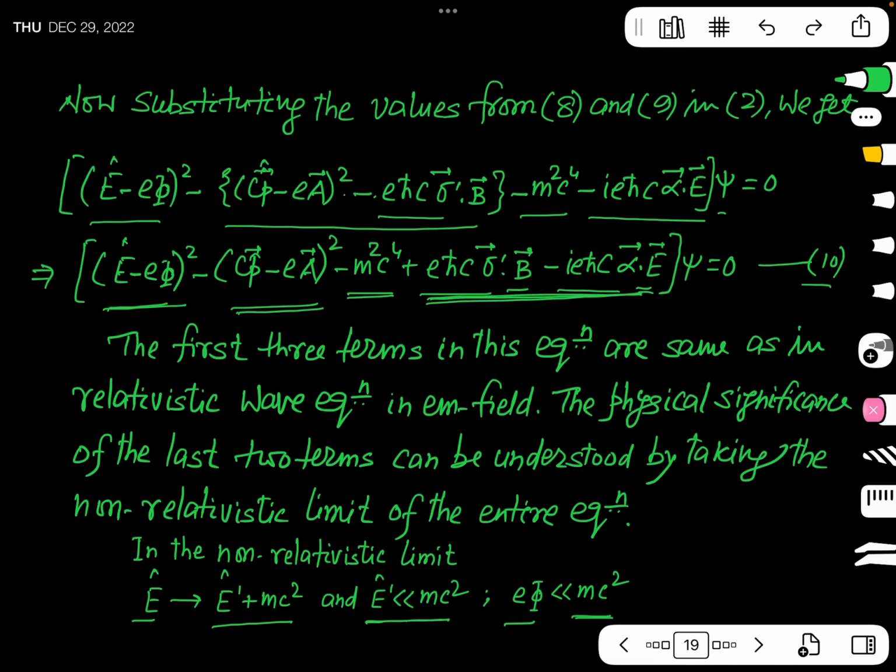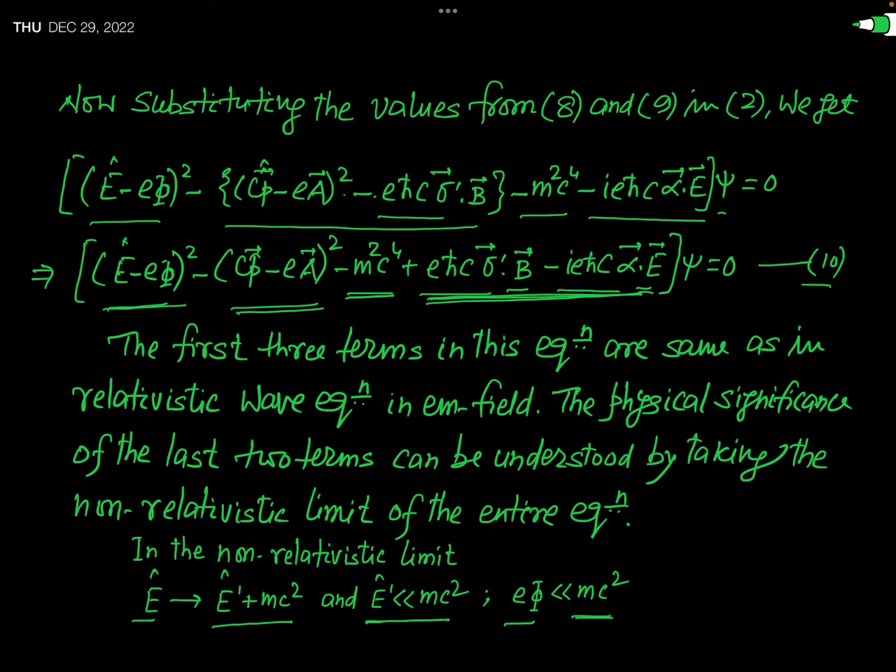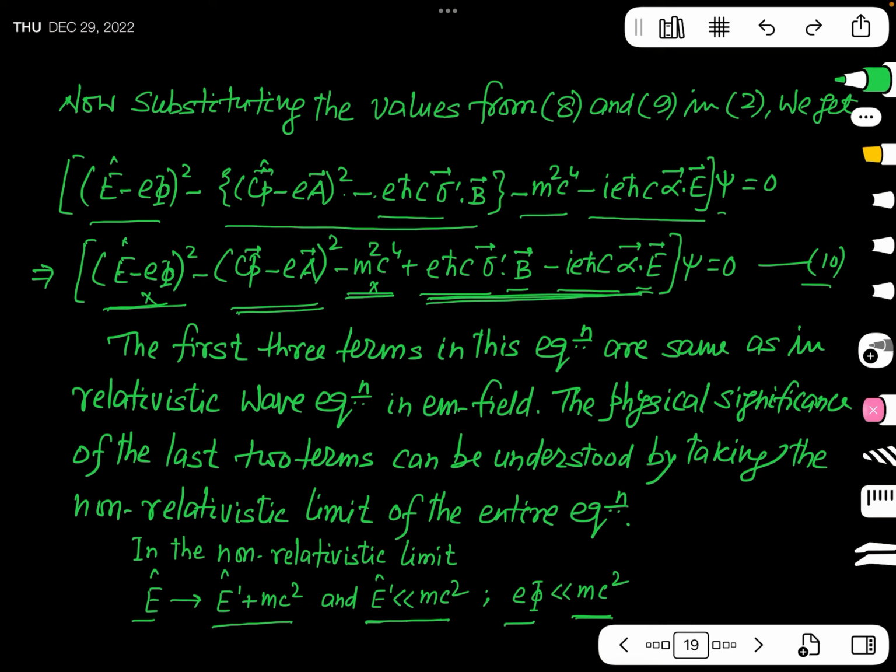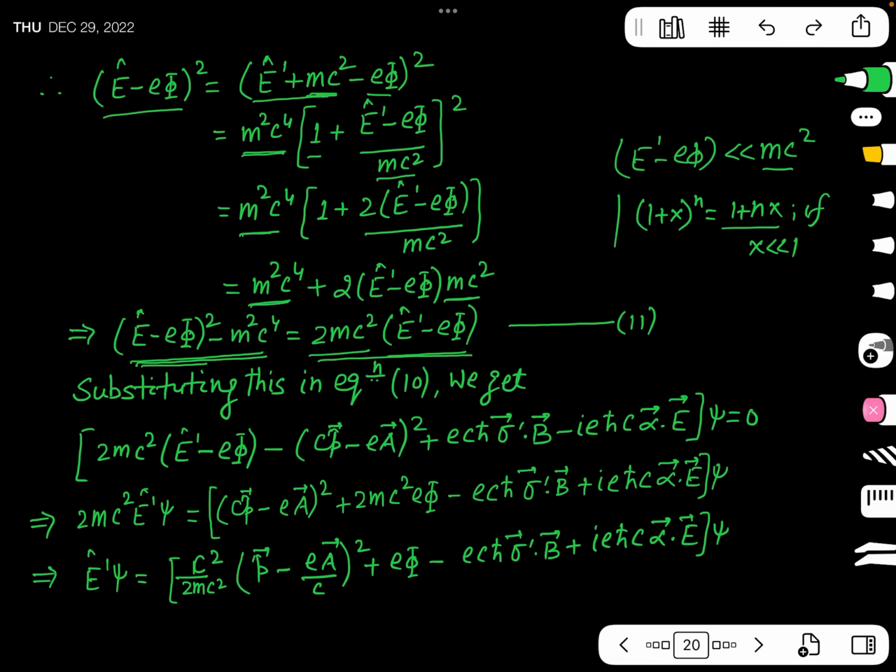So let us see this equation number 10 once. You can see E minus E phi whole square minus m square c4. Instead of this term, which I am just crossing, you will put the result which you have obtained, and the other terms will remain the same, you can see.